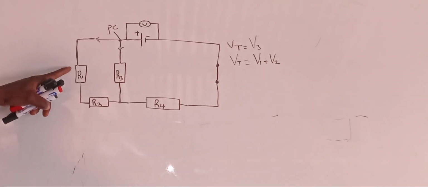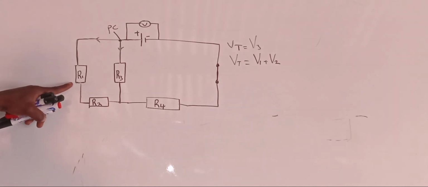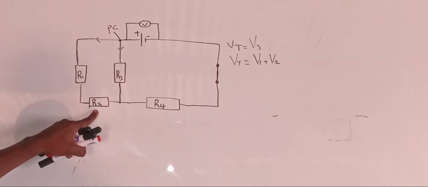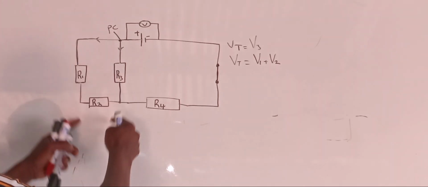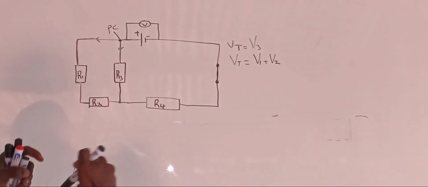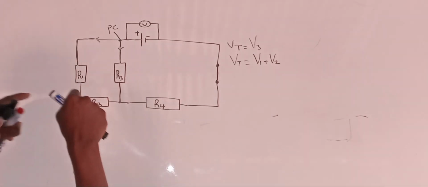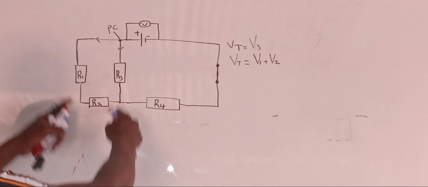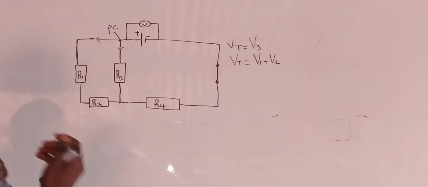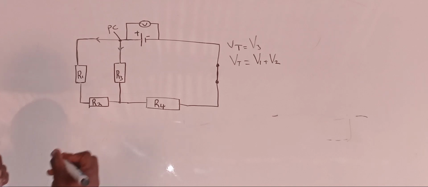Now, the very same split current that got in resistor number 1 is the current that got in resistor number 2, meaning that inside the parallel connection, we have series connected resistors. Therefore, if we have a circuit that's connected in parallel, then inside of the parallel connection, we have resistors that are connected in series. We have to destroy them. How do we destroy them? By adding them. I don't know if you understand that.